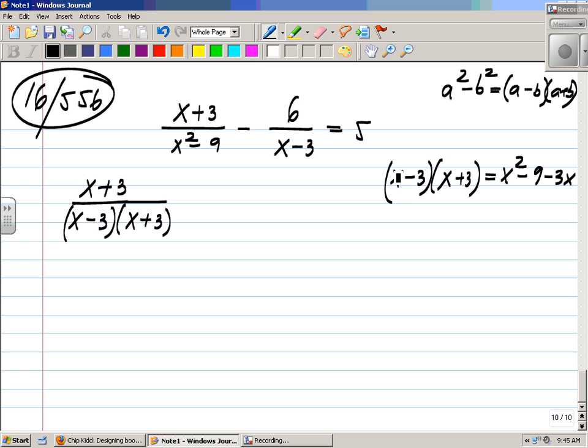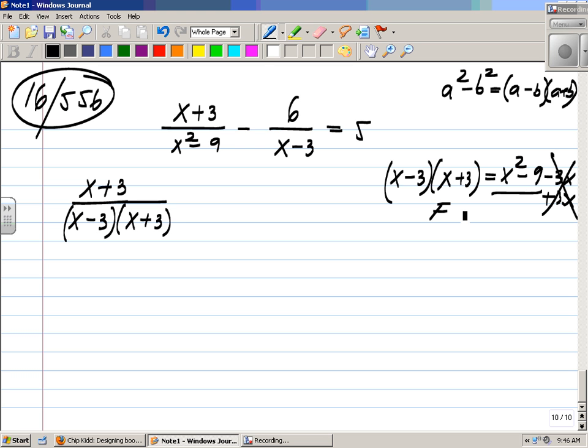The outer term will be plus 3x. So I have x squared plus 3x minus 3x minus 9. But minus 3x plus 3x cancel each other, and that's how you get x squared minus 9. That's why x squared minus 9 I can factor as x minus 3 times x plus 3.